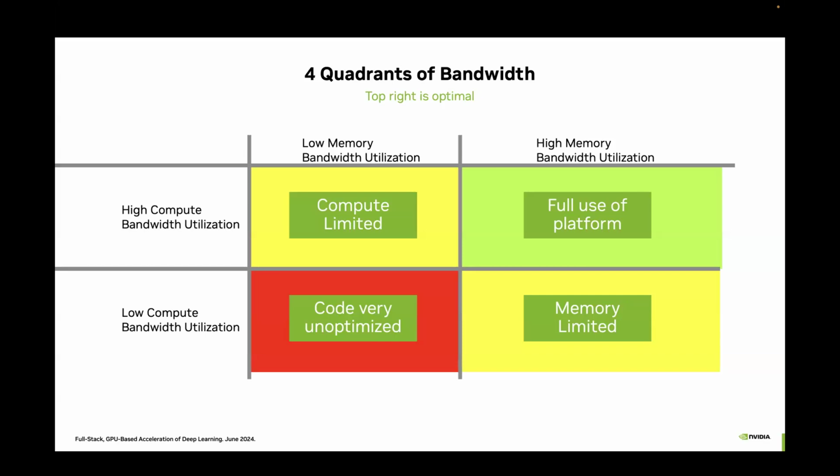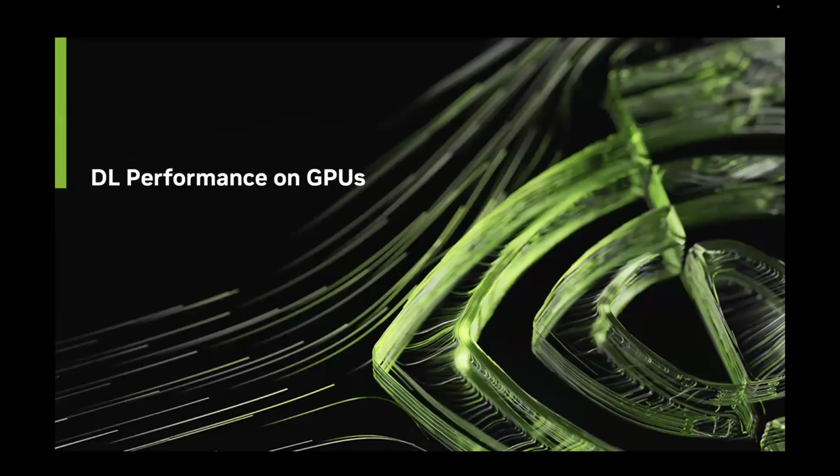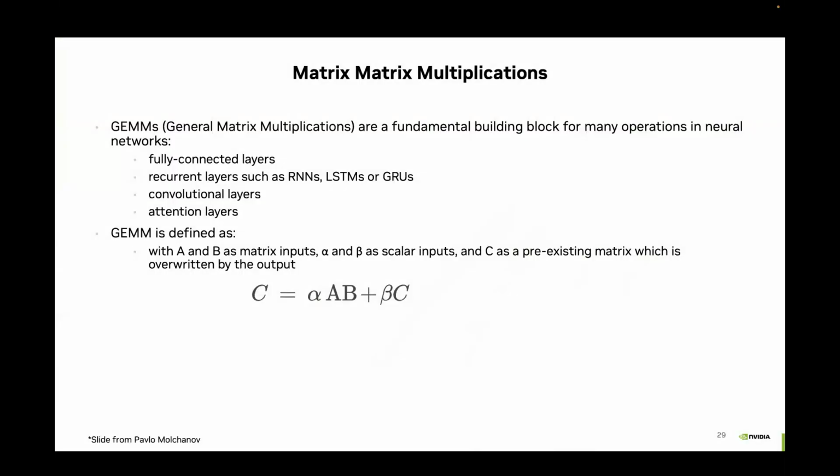All right. So now let's talk a little bit about DL performance on GPUs. We're in a room full of people who I pray all understand that a lot of DL is matrix multiplies. The GEMM is the heart of a lot of different ways of executing this.